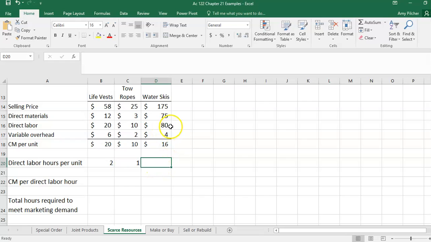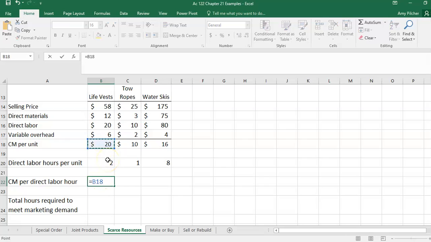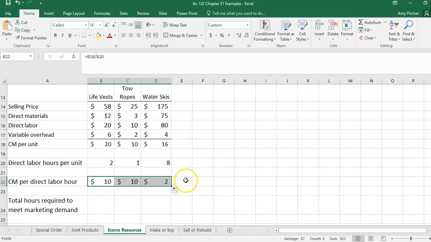And for water skis, direct labor cost of $80 divided by $10 an hour tells us that water skis take 8 hours to make. We then divide our contribution margin per unit by the number of direct labor hours it takes to produce that to get the contribution margin per direct labor hour. As we can see, life vests and tow ropes have a higher contribution margin per direct labor hour than water skis.